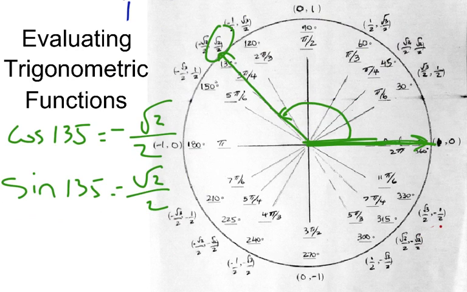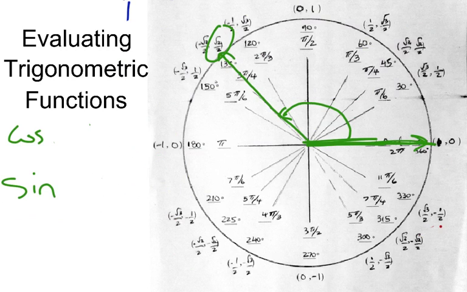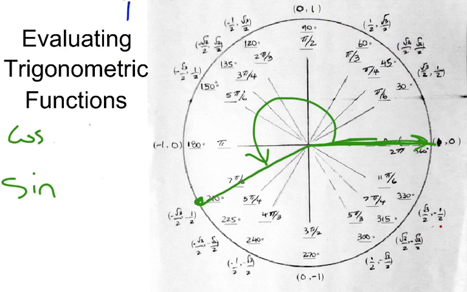Let's do 210, and see what happens at 210. So cosine of 210 and sine of 210. I always start right there. Where do I end? At 210. So my angle is from here to here.